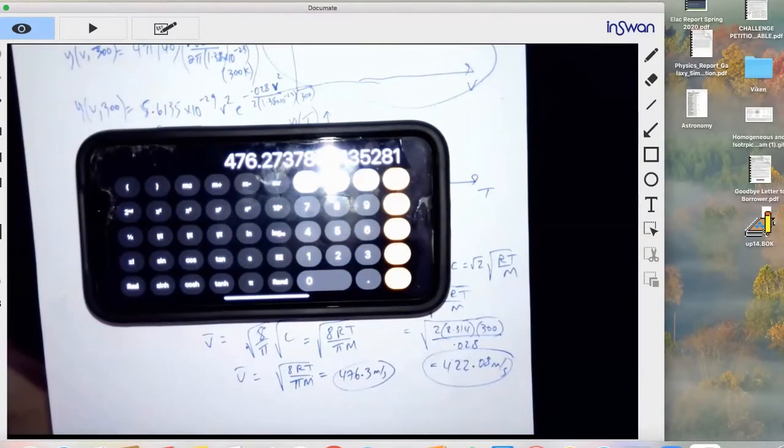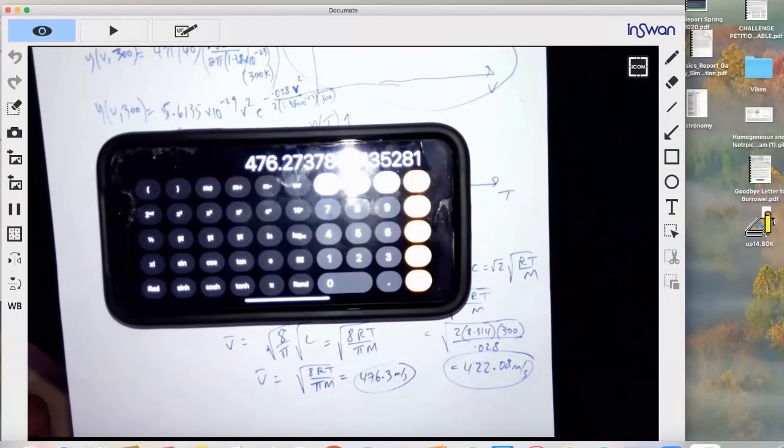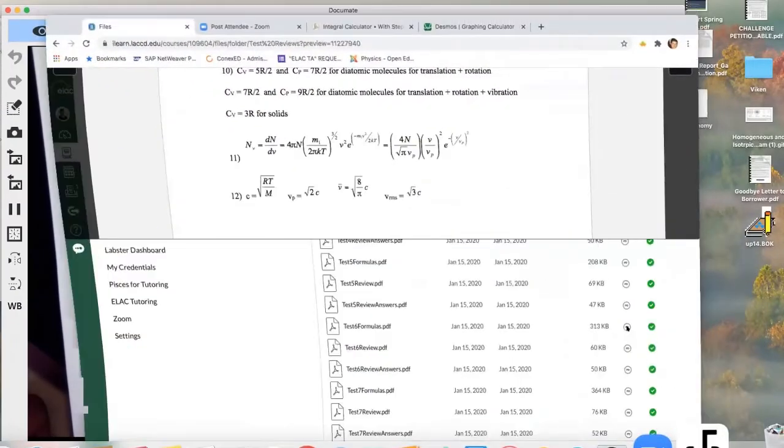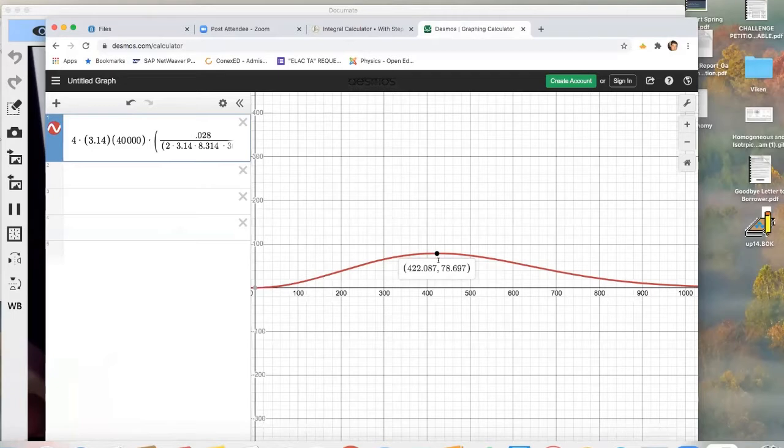That means graphically, you got 78 particles. If you have 40,000 total particles in that container, you had 78 particles that are moving at the mode speed, right? At the most probable speed.